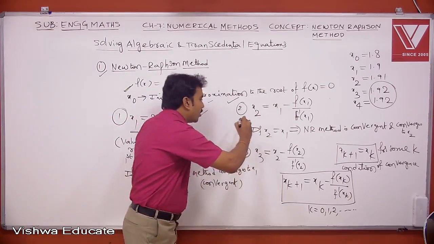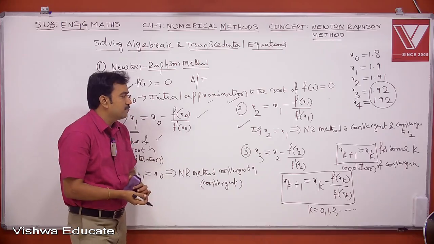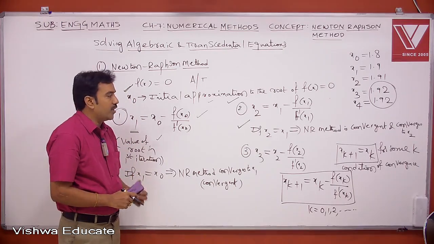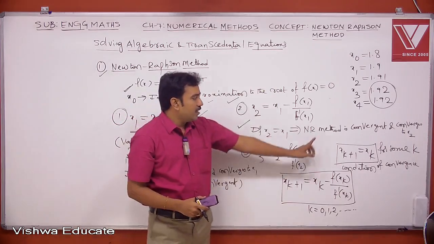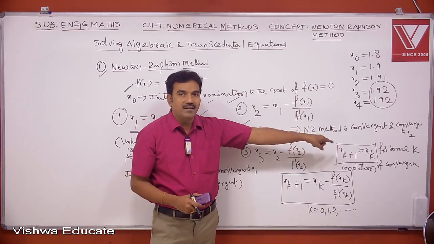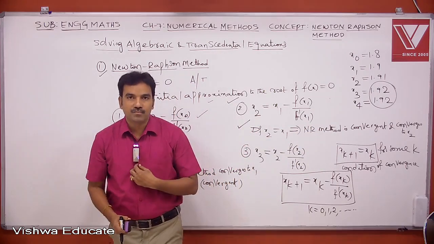If x2 equal to x1, the NR method is convergent and converges to x2.